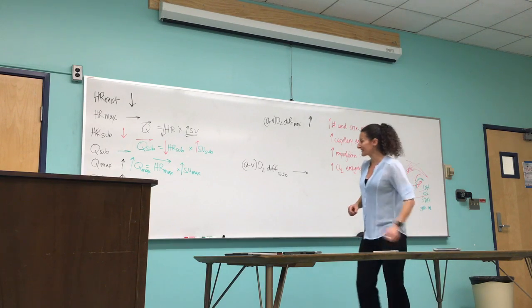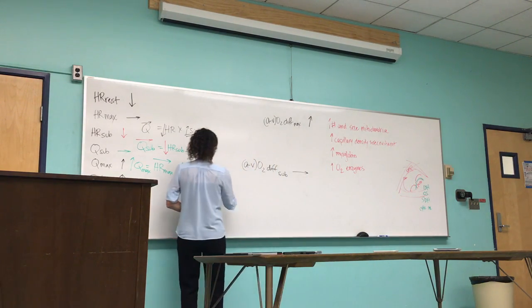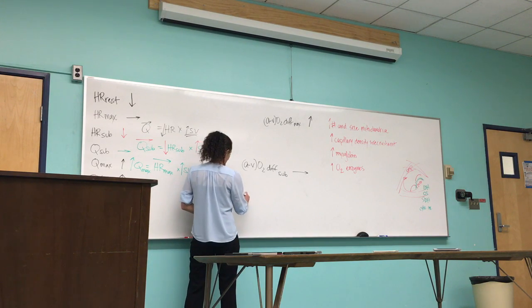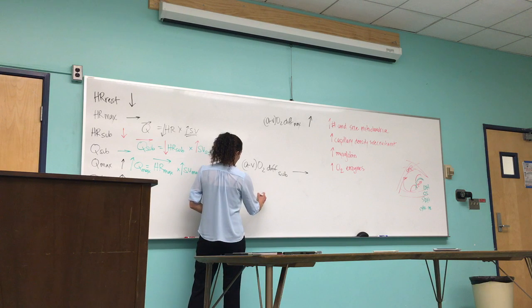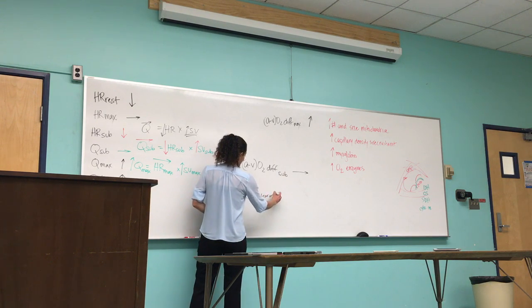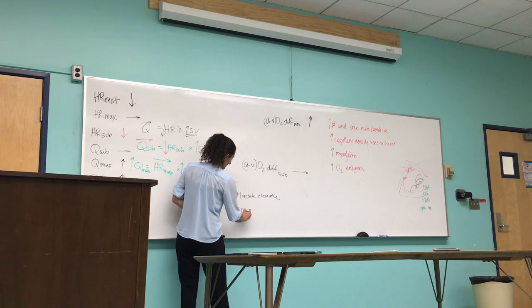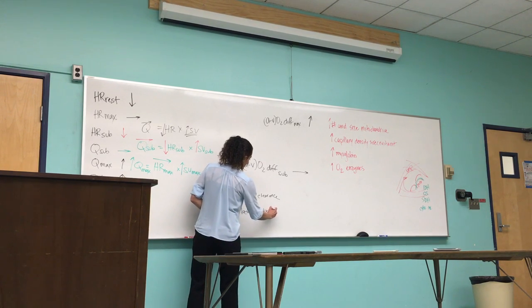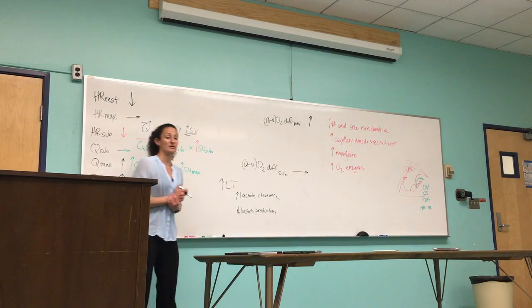Okay, so there are basically two ways you can increase your lactate threshold. You can either increase lactate clearance, or you can decrease lactate production. Both of those would increase your lactate threshold.